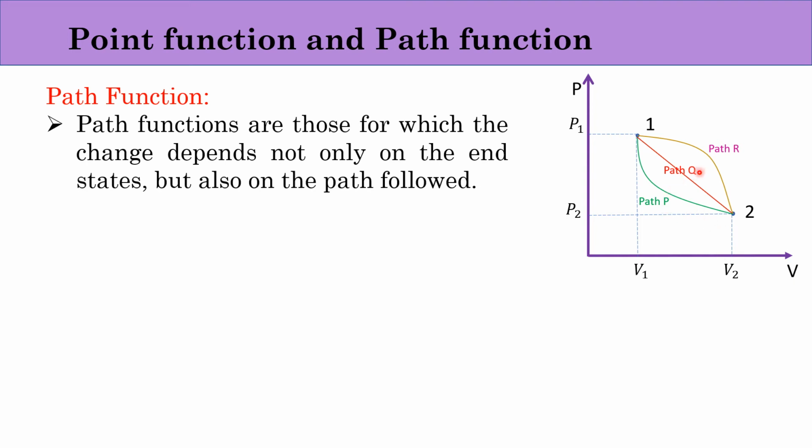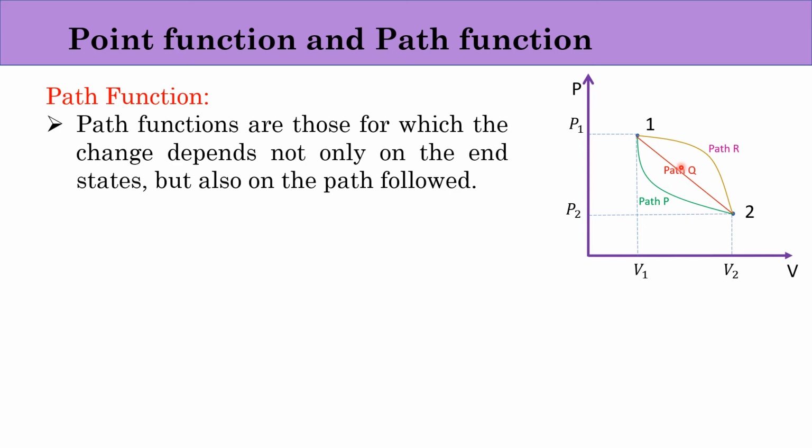So by this figure you can see that as the path varies, the work done by the process also changes. If it is following the path P, this much work is done, if path Q, this will be the work done, and if it follows the path R, then this will be the work done. So as the path changes, the work done increases.